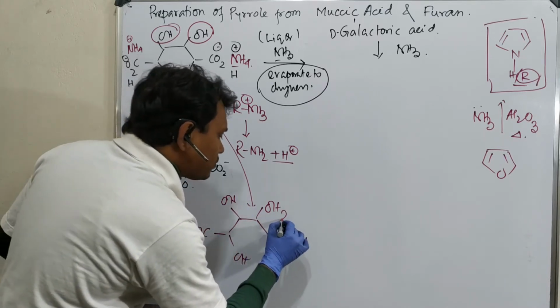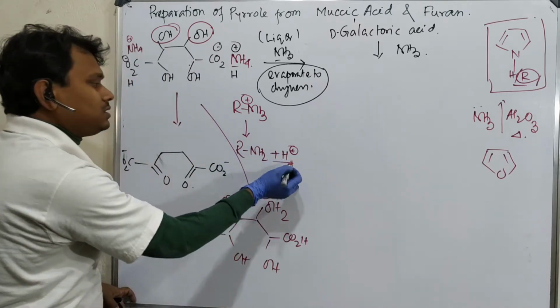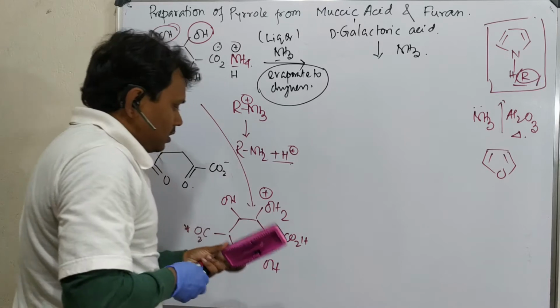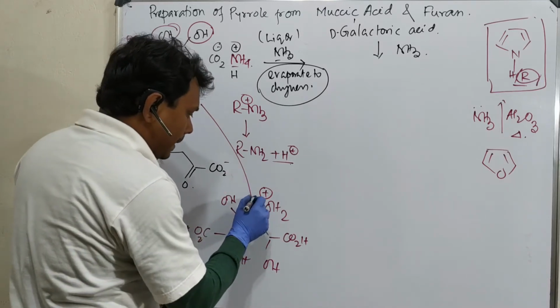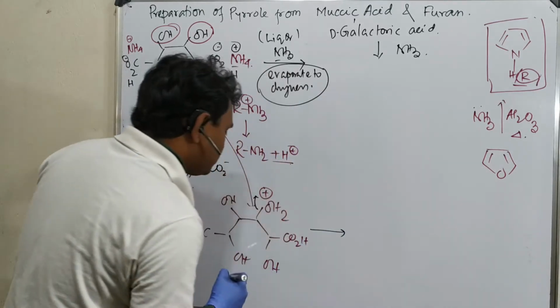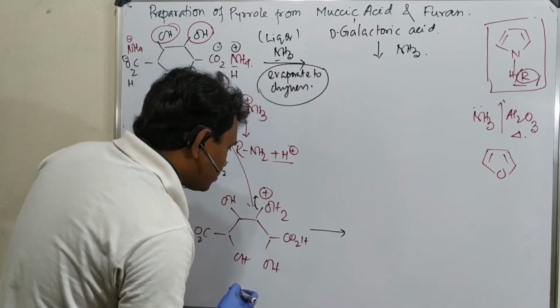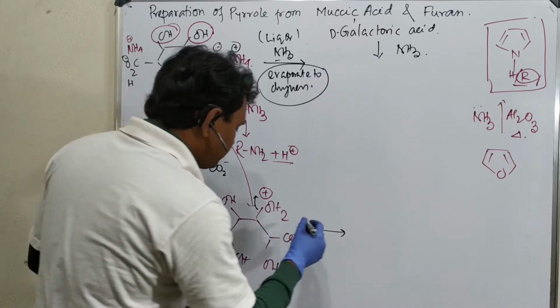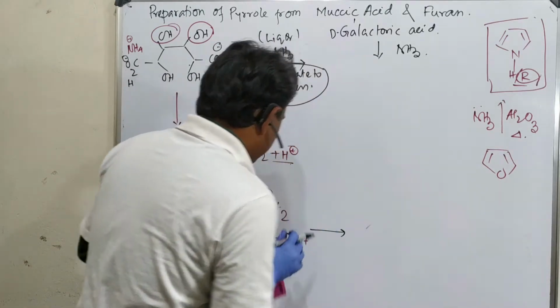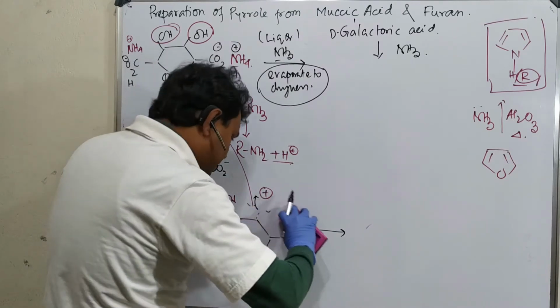It undergoes protonation to form OH2 plus, because there is a proton source. Now it will leave, and then what is expected? A carbocation will form. Generally, it is expected that a carbocation derivative will form here.